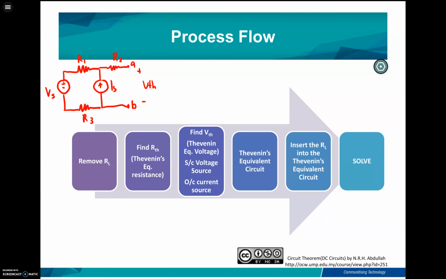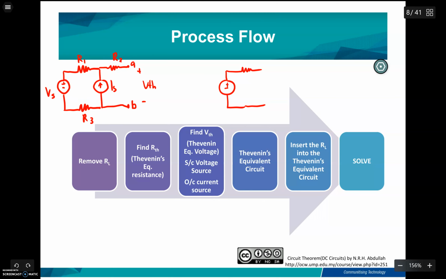You can use any method to find the V Thevenin across the terminal AB, such as nodal, mesh, voltage divider, KVL, KCL, superposition, or source transformation. So any kind of circuit method that you like.